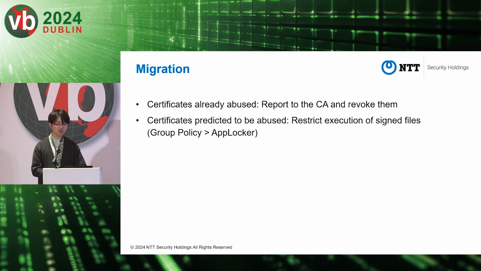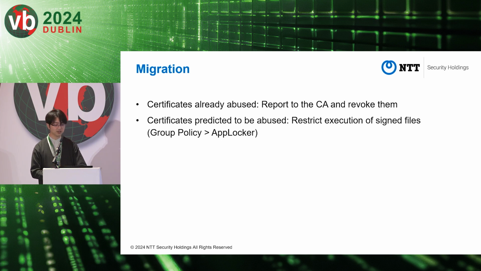This causes the installation of the MSIX files to fail, thereby also rendering other MSIX files signed with the same certificates invalid. However, it is challenging to request the revocation of certificates that have a high potential for future abuse. Without concrete evidence of misuse, it is unlikely that CAs will accept such requests.